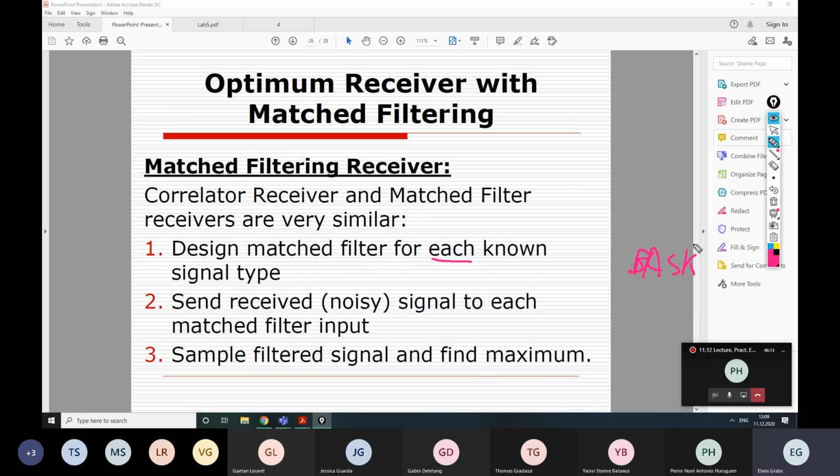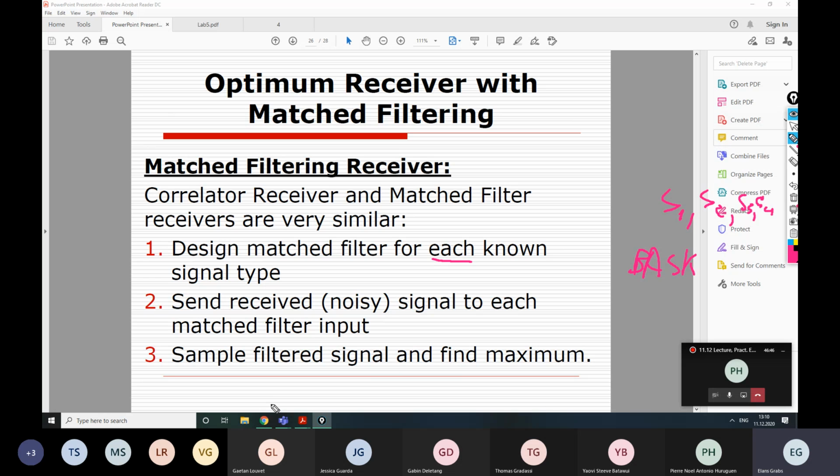But in general, as for frequency shift keying and other types of modulations, we will need to design a filter for each of the known signal types, meaning that if we have, for example, 4 different signals, then we are going to need 4 matched filters for each of these signals. Once again, since we know these signals, it's not a big problem to reverse this signal in time, and that would be the impulse response for each filter.